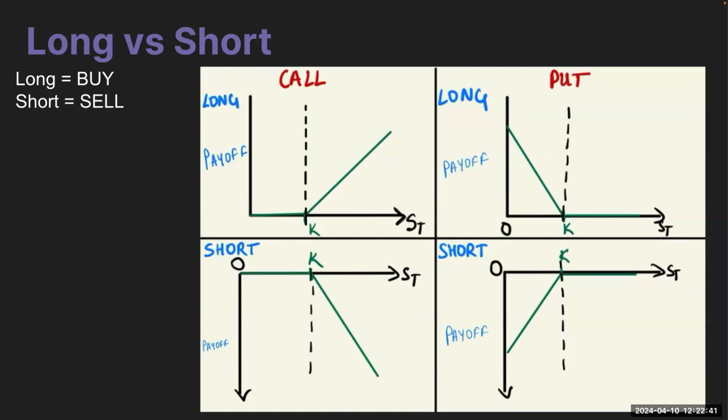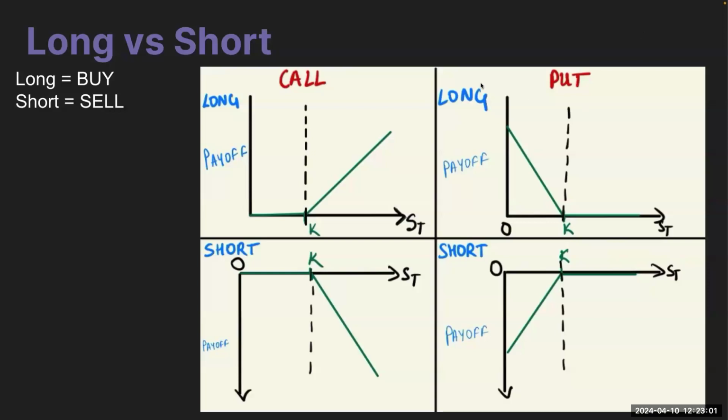So in the finance world, buying and selling is usually called long versus short. These are graphs for the payoffs for whether you would buy a call option, sell a call option, buy a put option, or sell a put option.